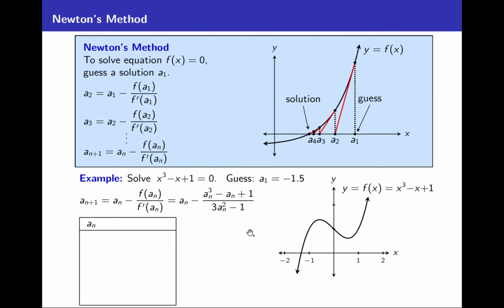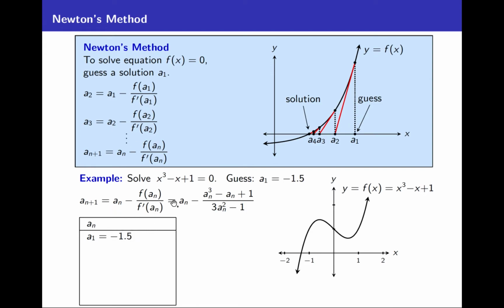So let's get started. We'll organize our work on a table where each row will give a value of a sub n. And we already have our first guess, a sub 1, it's -1.5. So we're going to put that down right there. And the next thing we need to do is to calculate a sub 2. A sub 2 is going to be a sub 1 minus f of a sub 1 over f prime of a sub 1, where a sub 1 is negative 1.5.